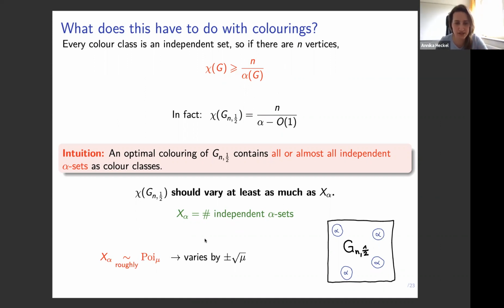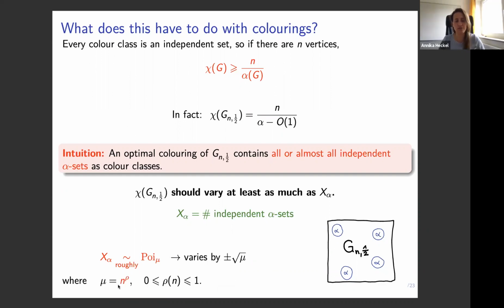So you can use Stein's method to show that this is roughly Poisson distributed. Well, I'm going to say what mu is in a bit. But this means that the number of independent alpha sets is not too tightly concentrated. It varies by about root mu. And so the chromatic number should also vary more or less like root mu.